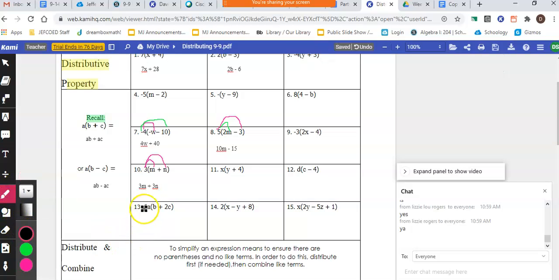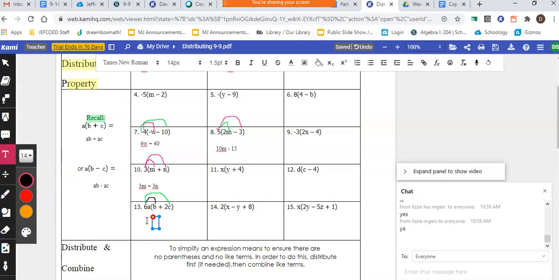Okay? All right, so 13, we're going to have a 6a times the b, and then we're going to have a 6a distributed to the 2c. Okay, so same concept, guys. 6a times the b, that's simply represented as 6ab.